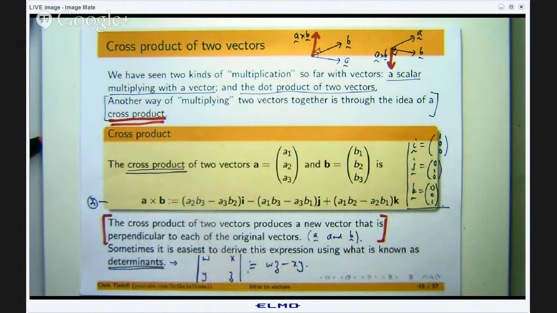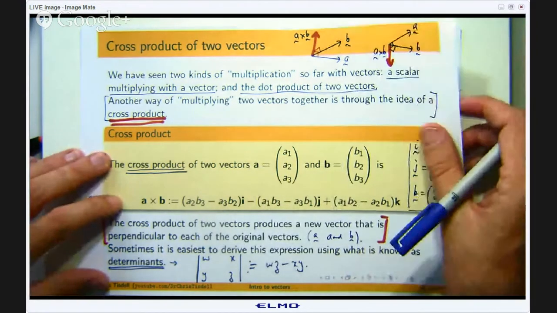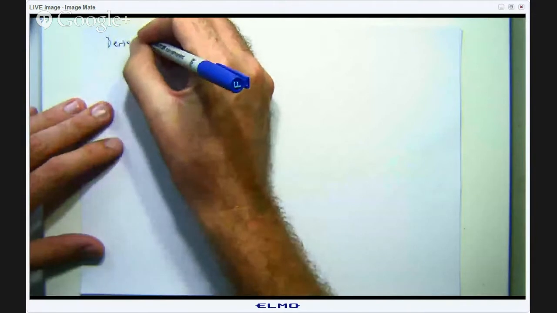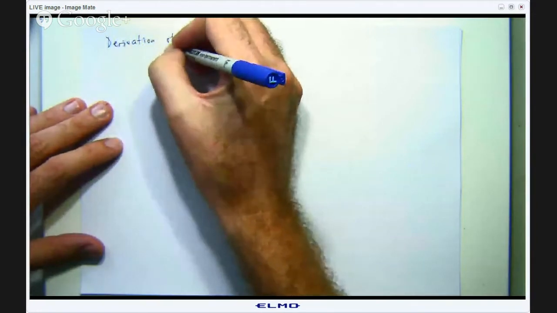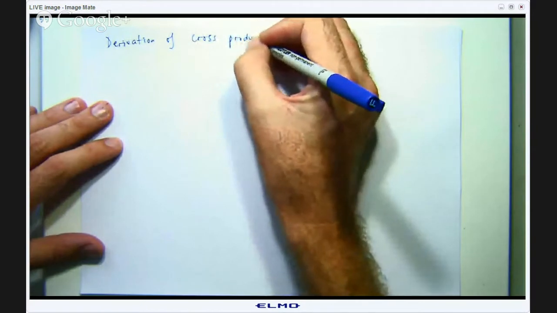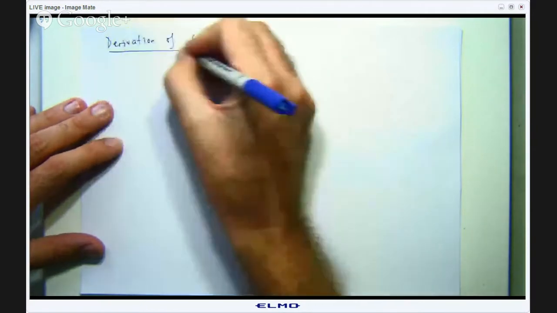Okay, so the aim here is to come up with a new vector that is perpendicular to both A and B. Okay, so we know how to do that because we've discussed the idea of a dot product, and this sort of links in nicely with the cross product derivation.